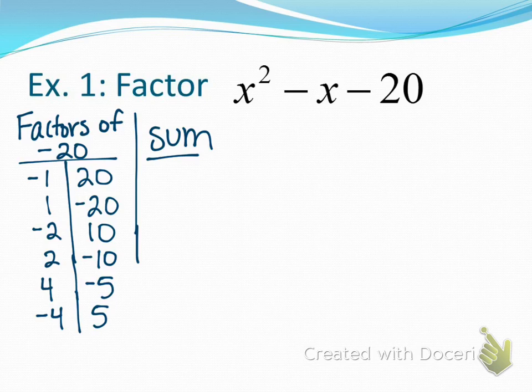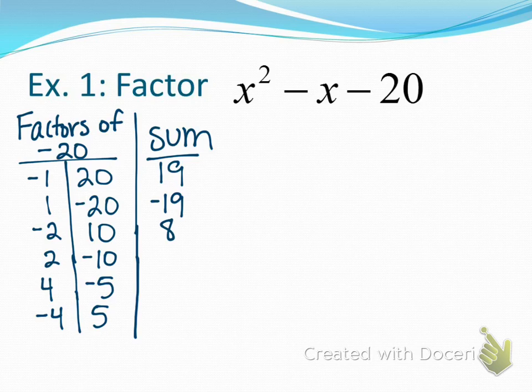So now we have to find the sum for all of those pairs. If I take negative 1 plus 20. Positive 19. What about 1 minus 20 or 1 plus negative 20? Negative 19. Notice, again, my number stayed the same, but my signs just flipped. What about negative 2 plus 10? 8.